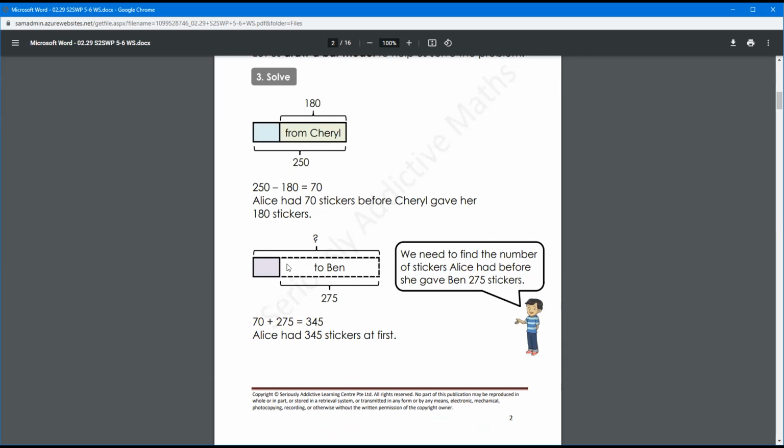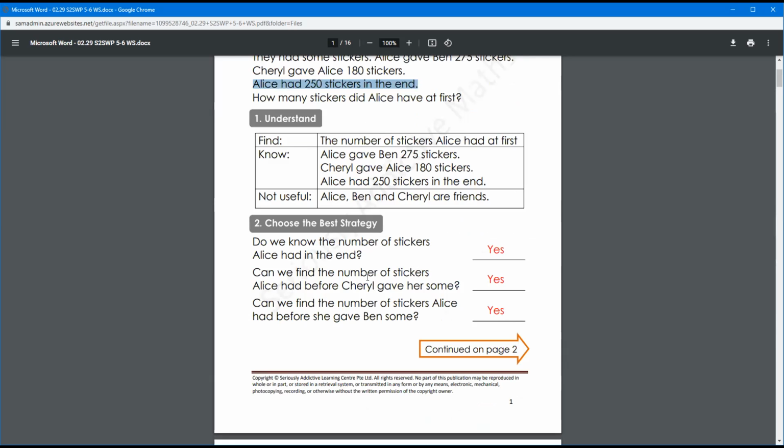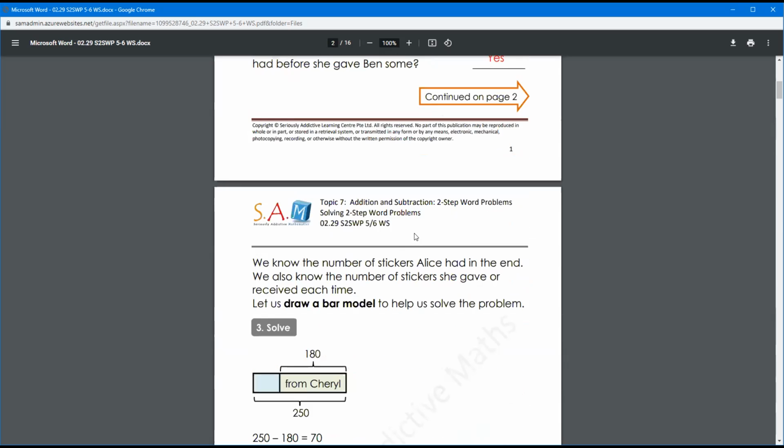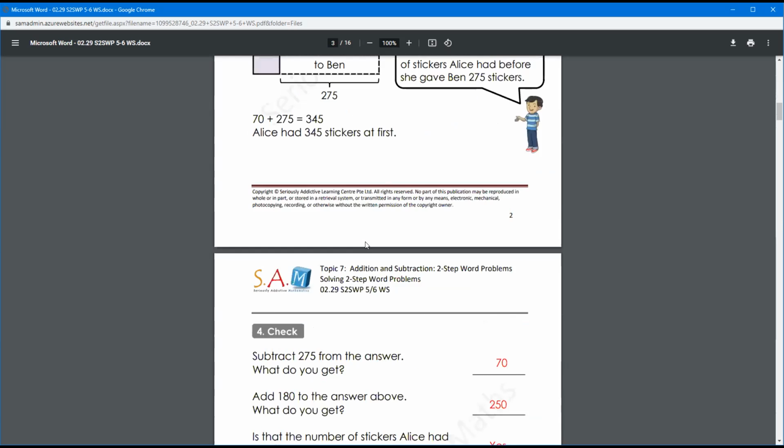It's a reverse way. So it's 70 plus 275, because what happened was Alice gave Ben 275 stickers. So this is really working backwards.